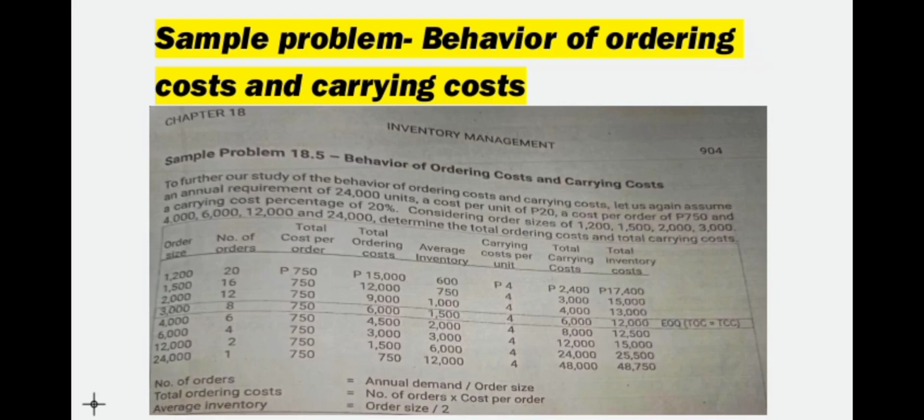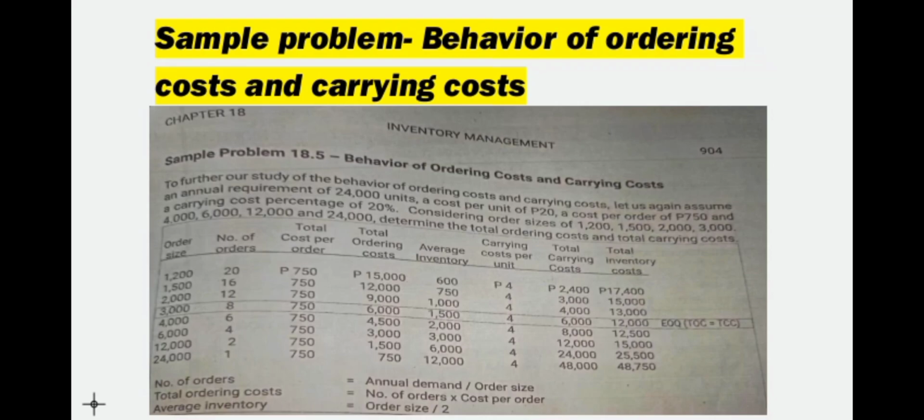Then we have a sample problem, behavior of ordering costs and carrying costs. To further our study, let us again assume an annual requirement of 24,000 units, a cost per unit of 20, a cost per order of 50, and a carrying cost percentage of 20%.